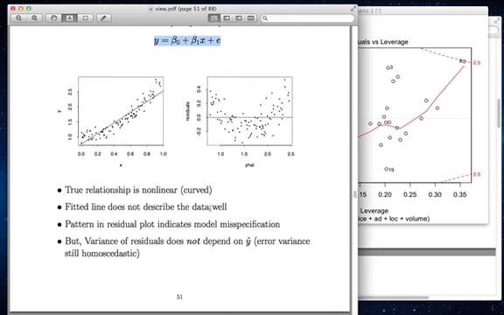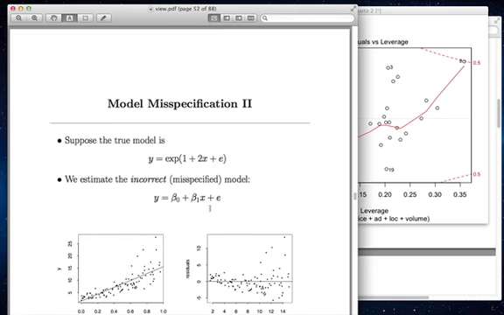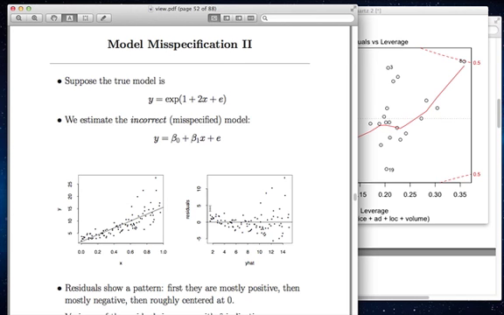Now, another type of misspecification involves the residuals not being constant. Let's take a true model as being this: we're going to exponentiate 1 plus 2x plus the errors.